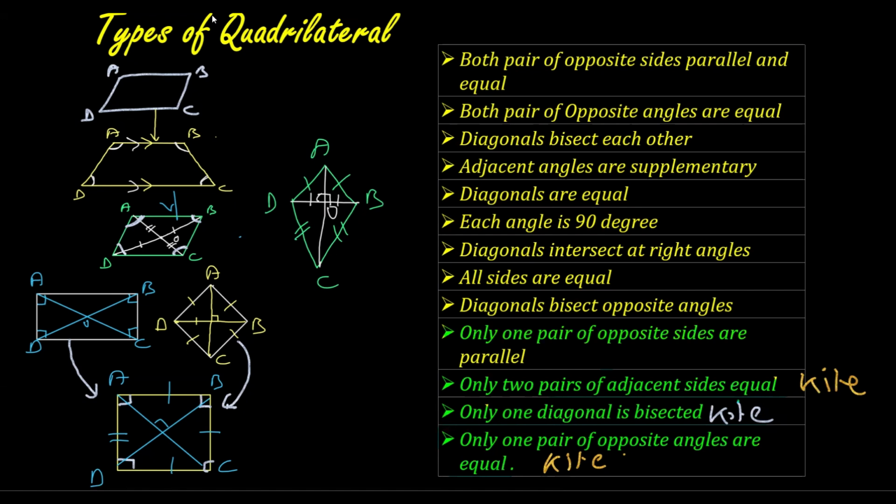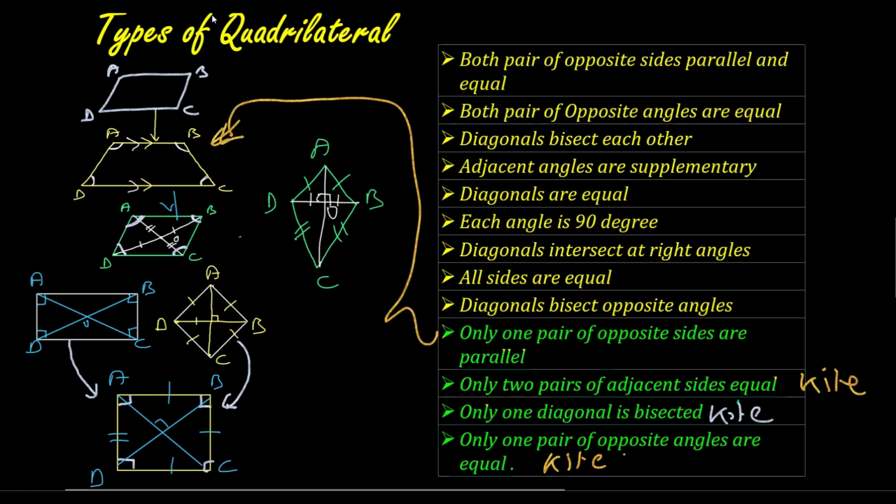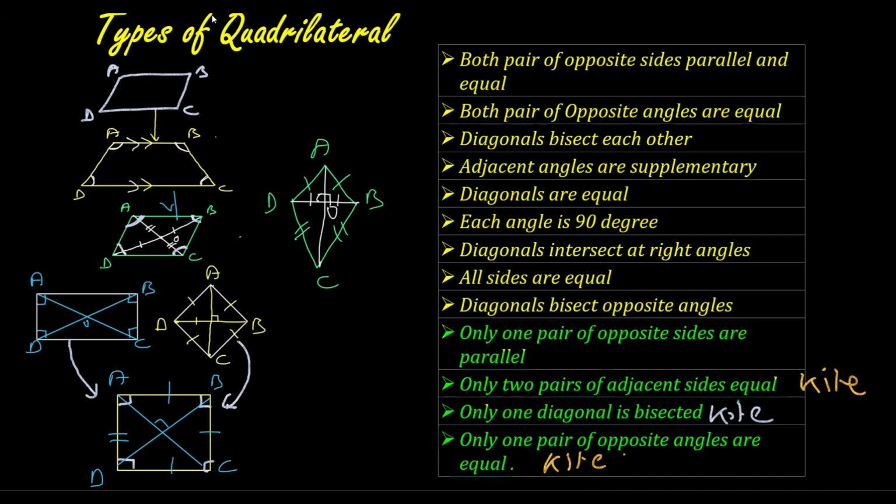Fourth, only one pair of opposite sides are parallel. Now this is parallel, so this characteristic is for a trapezium, right? So I should say this characteristic is only for a trapezium. Next, diagonals bisect opposite angles.